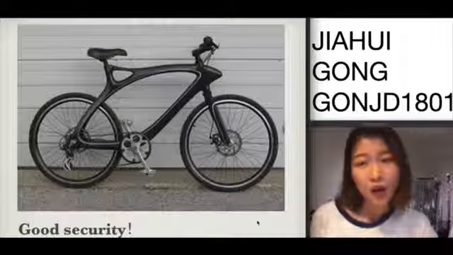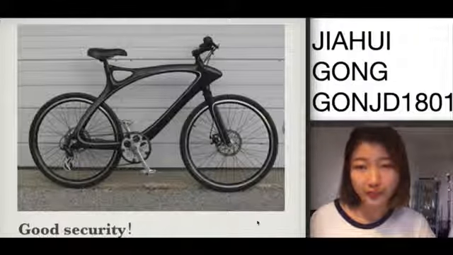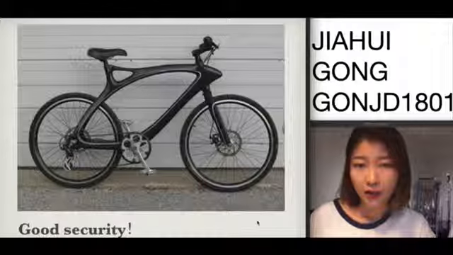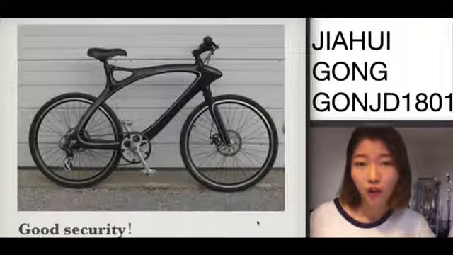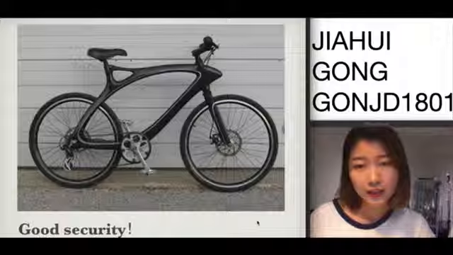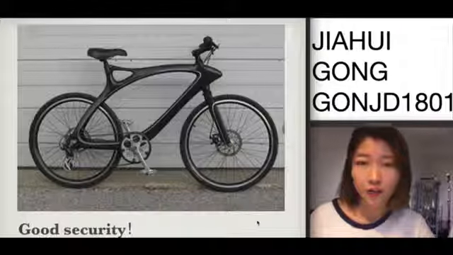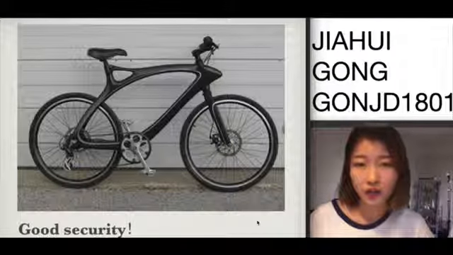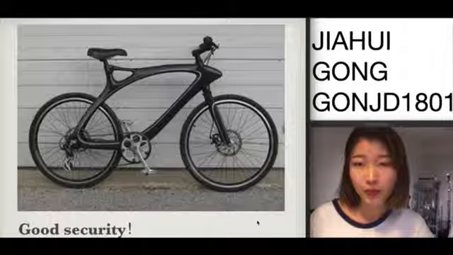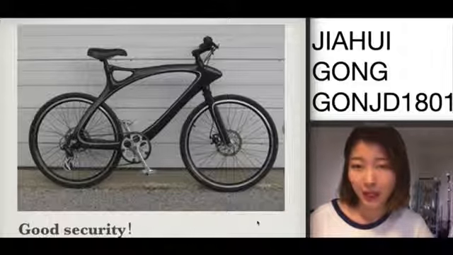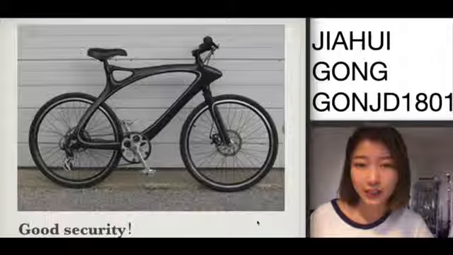Second, good security. The carbon fiber matrix surrounds the independently existing carbon fibers in the form of a continuous phase, forming a dynamic and uncertain system.